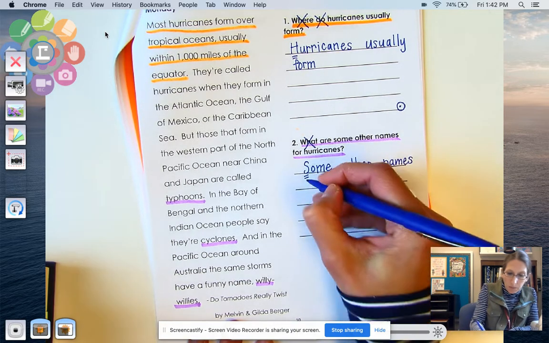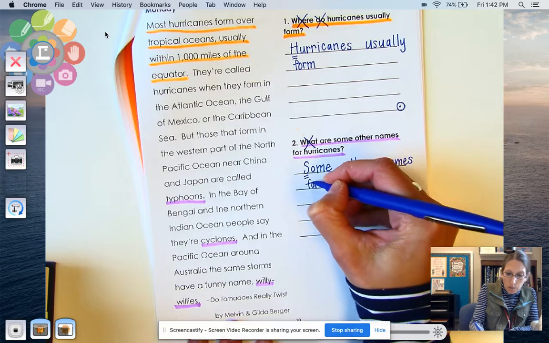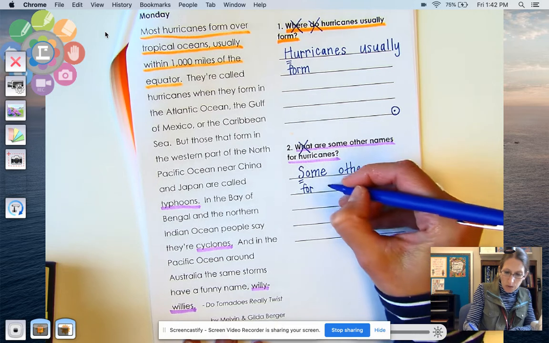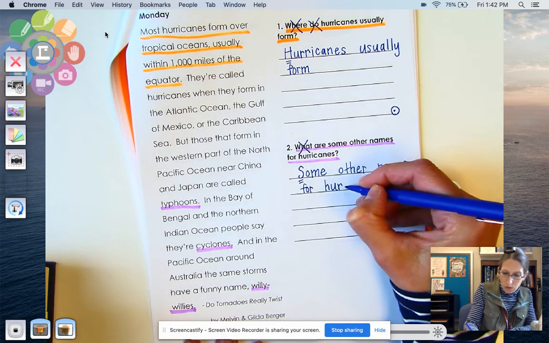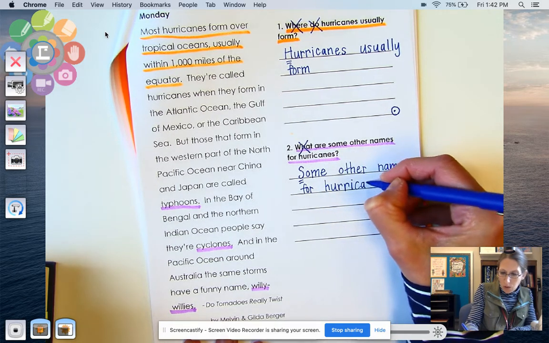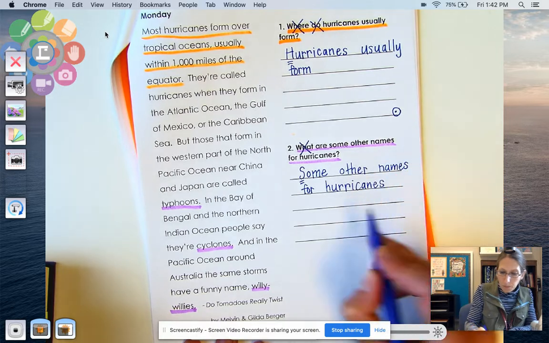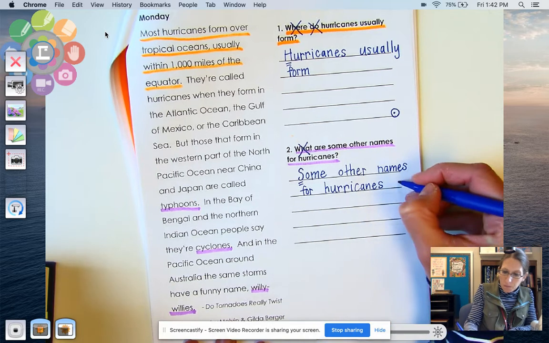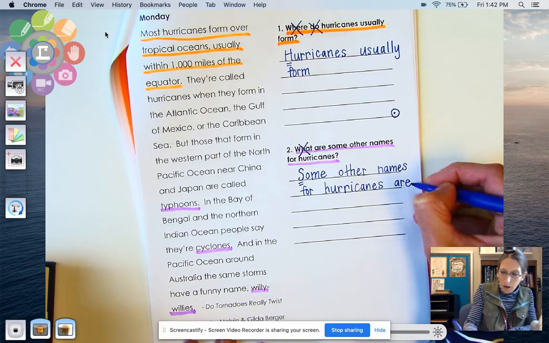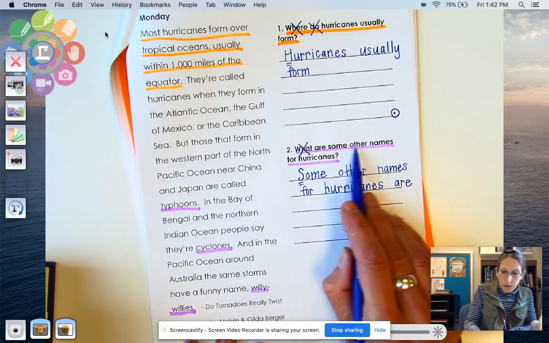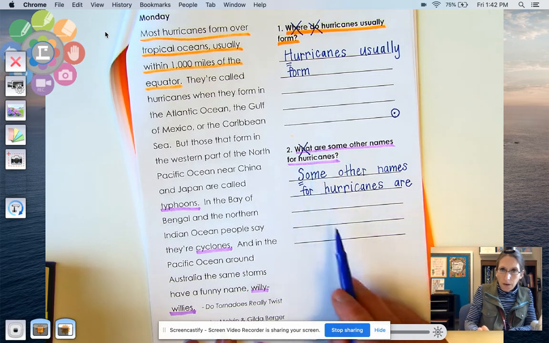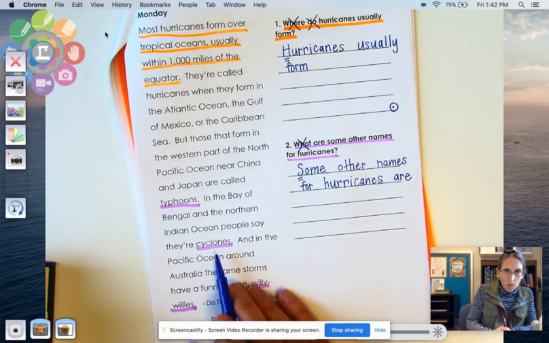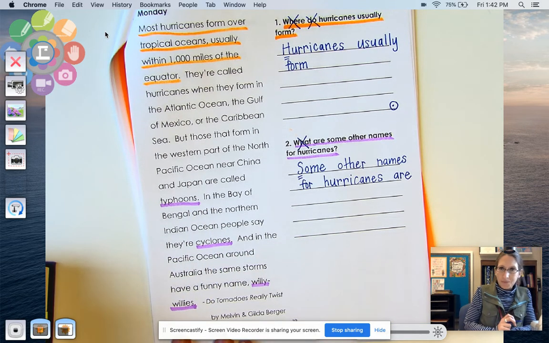Some other names for, and especially be careful of this word, hurricanes, has two R's. There we go. Some other names for hurricanes are, oh, now we've used all these. Some other names for hurricanes are, you have typhoons, cyclones, and Willy Willies.